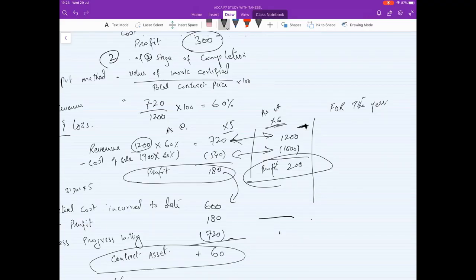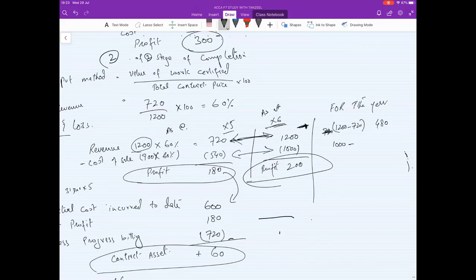But if you want the year's profit and loss, then take the difference of both years. So revenue was 720 out of 1200. Out of 1200, 720 belongs to the previous year, so take 480 as this year. In the second year, the total cost was 1000.